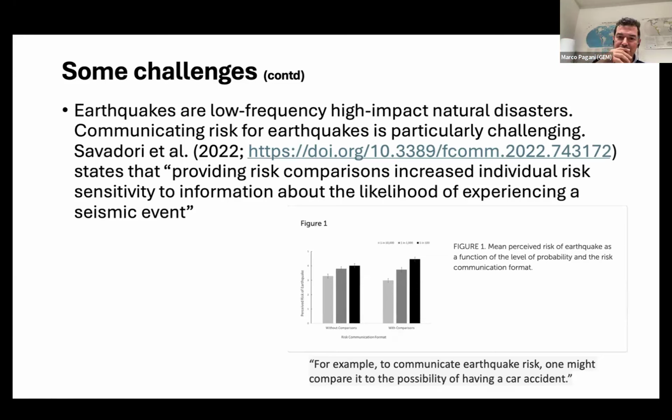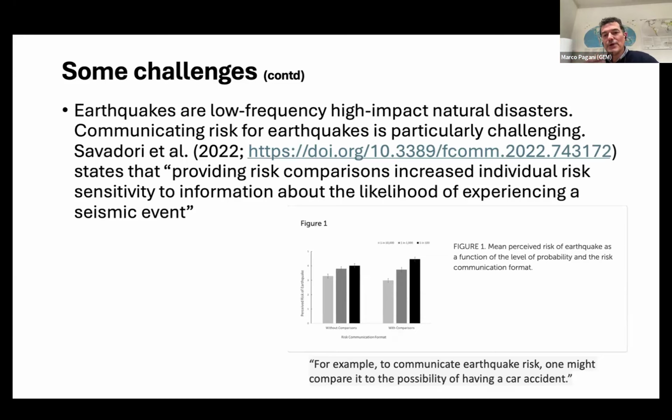And for people, understanding risk, the way in which we traditionally define it in the scientific community, is difficult. Therefore, it's important to find ways to communicate that risk by providing, for example, comparisons with cases that are more easily understandable. For example, by comparing the probability of having your building damaged with the probability of having a car accident, say in the next 10 years.